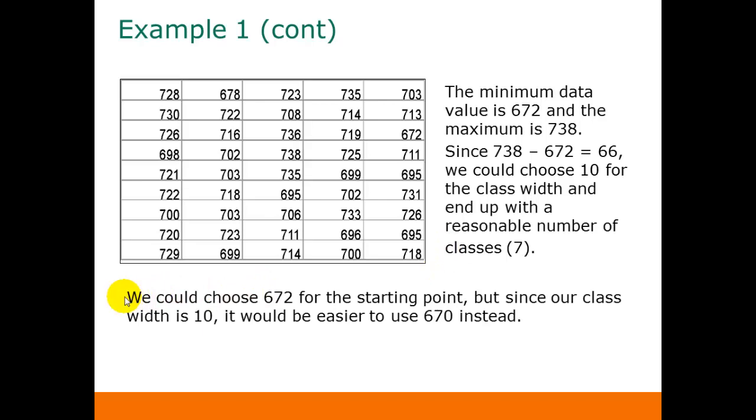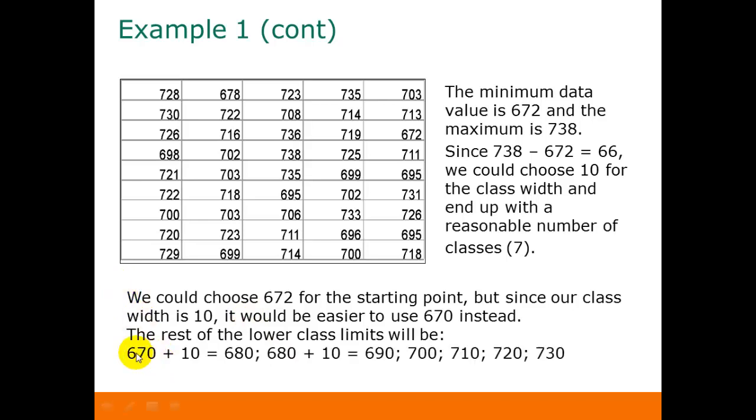Next, we need to choose our starting point. We could choose our minimum data value, which is 672, but since our class width is 10, it would be a little bit easier to use 670 instead. To calculate the rest of our lower class limits, we just keep adding 10.